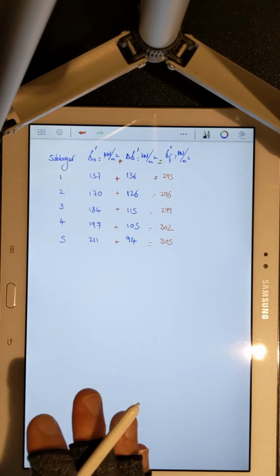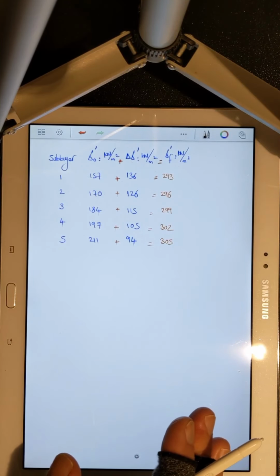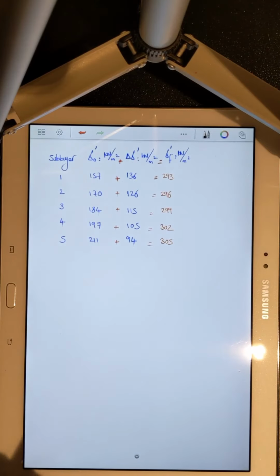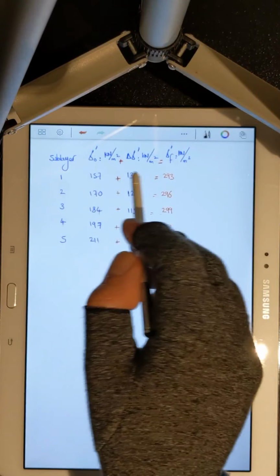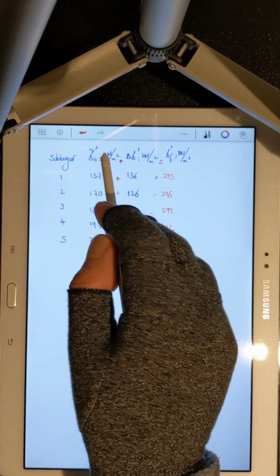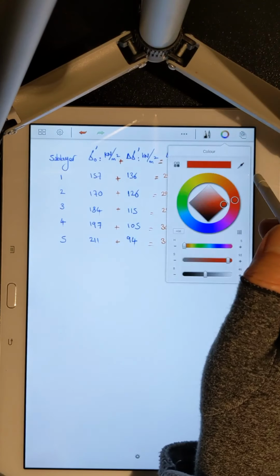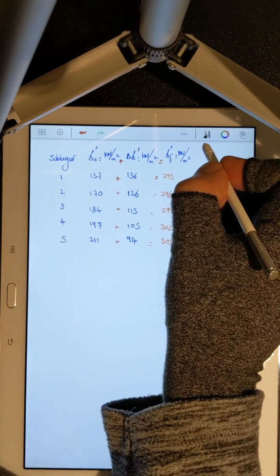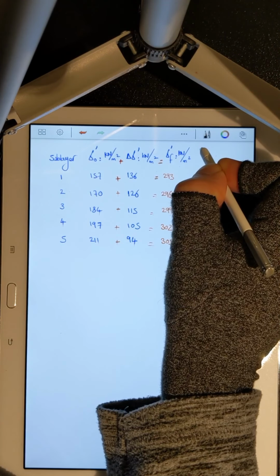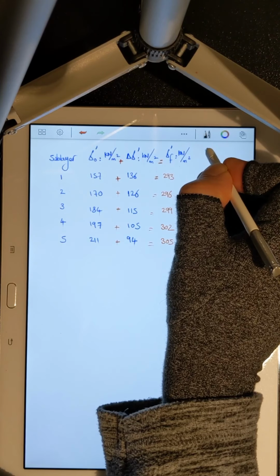I think I have all I need. With an exception of M sub v, I still don't have the relevant M sub v for my different stress levels, and you can see that for each sublayer the stress is changing from the initial effective stress to the final effective stress. So what I can do is to determine the average value of the stress in the middle of each sublayer.